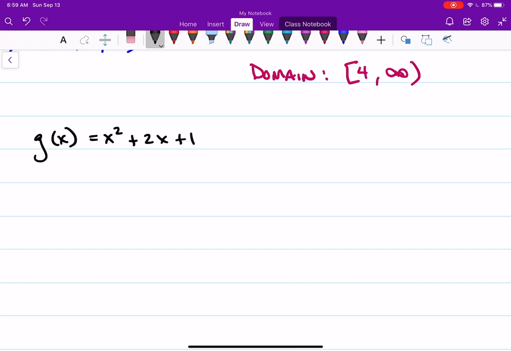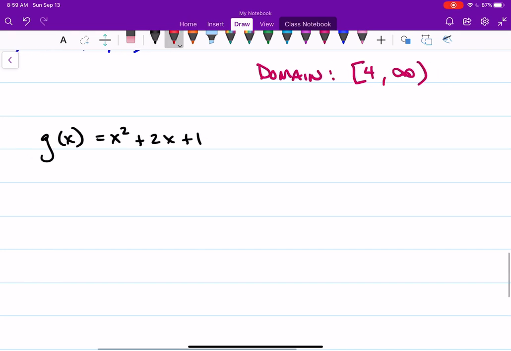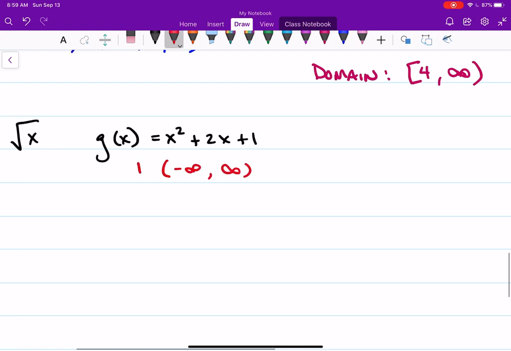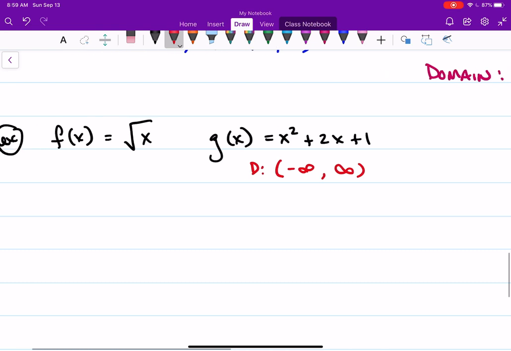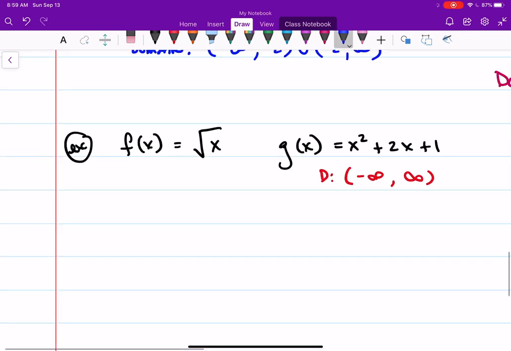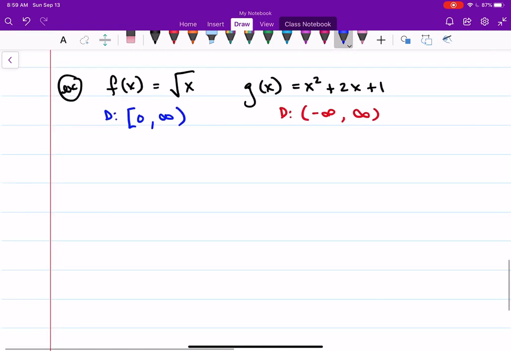We can use anything from negative infinity to positive infinity, in terms of this domain. While the domain for the f of x is more about x having to be 0 or above. Okay, so that's the way we want to look at it.